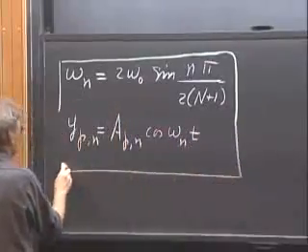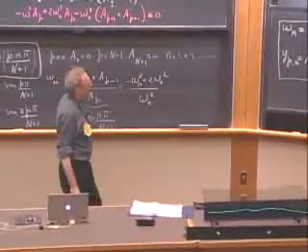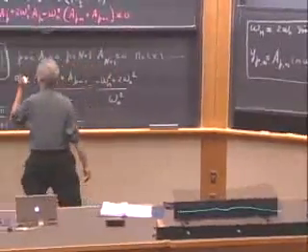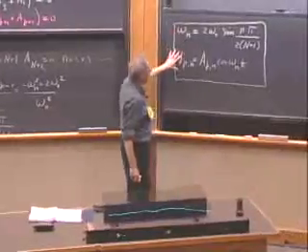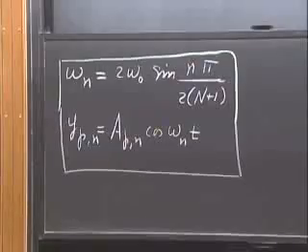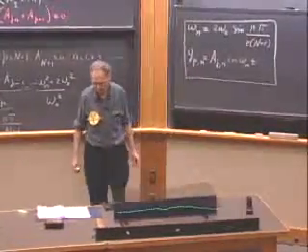And of course, you can always add a phase angle, depending upon at t equals 0, what the particle is doing. And so, this one gives you the amplitude, this one gives you the frequency, and this then is the time dependence of the displacement of particle number p in mode n.